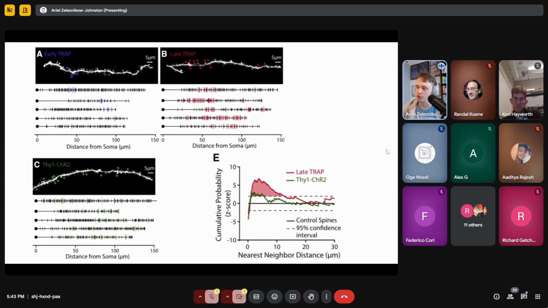Most of the spines are tightly clustered together, as opposed to the Thy1-channelrhodopsin-2, where they're just broadly distributed throughout. And this is, as far as we're concerned, the key takeaway from this paper: you're seeing this spatial clustering of these engram projections onto the DLS.